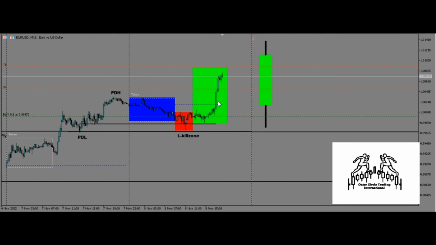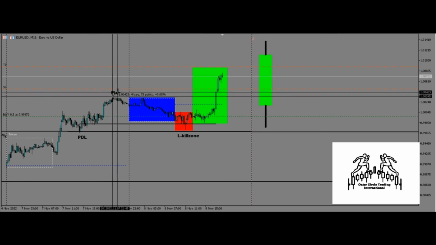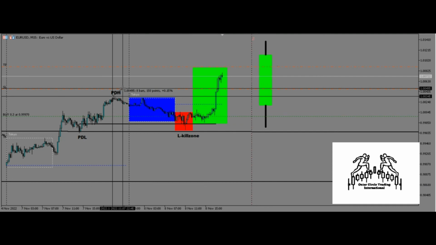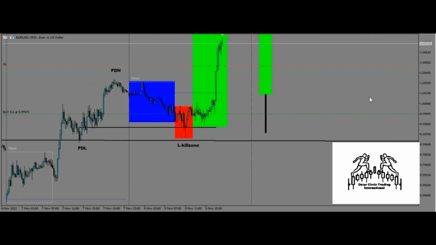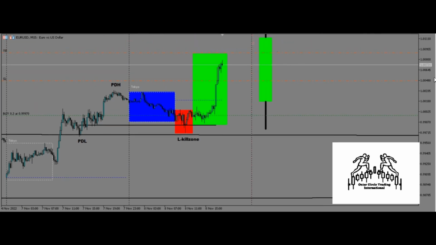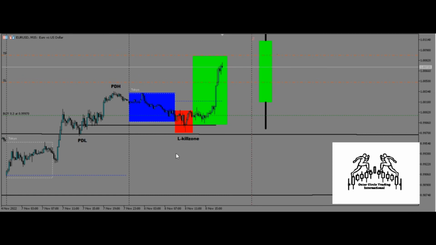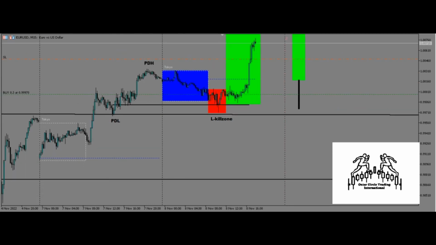But so far I've already traded my stop loss, and I've locked 15 pips above the previous daily high. So yeah, it's really okay for me.